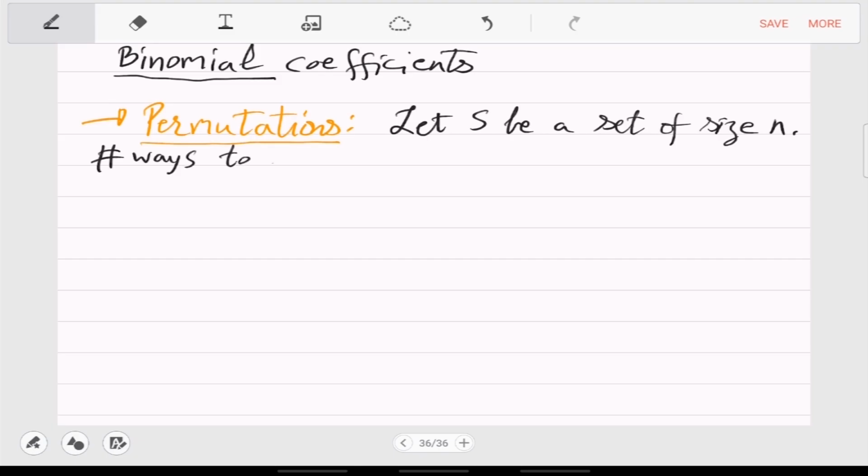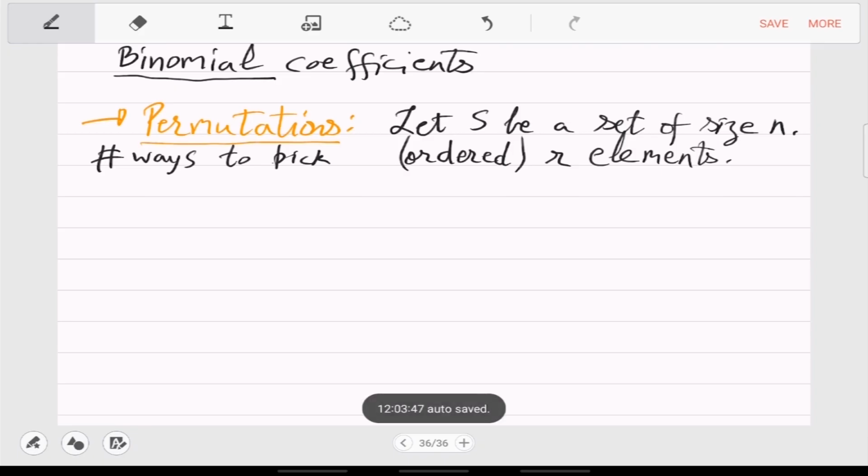It's the number of ways to pick ordered R elements. Okay, so in how many ways can you pick R elements, like as a tuple without repetition, from n elements? So this is called counting the permutations.